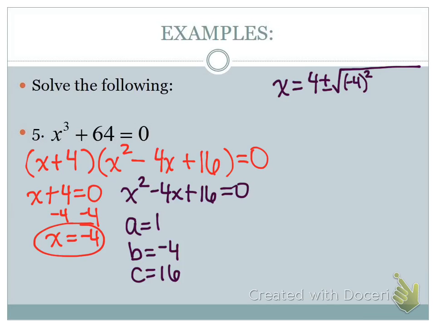So negative 4 squared minus 4 times A is 1 times C is, okay, all of that is getting divided by 2 times A, which is 1. Okay, remember plugging all this stuff in? Now we just start evaluating.